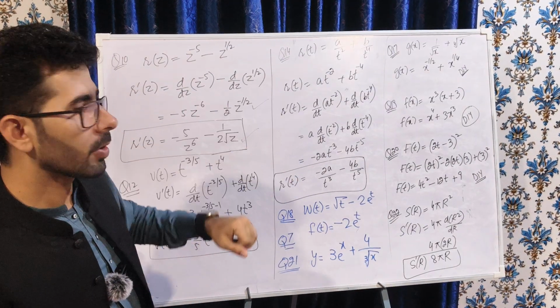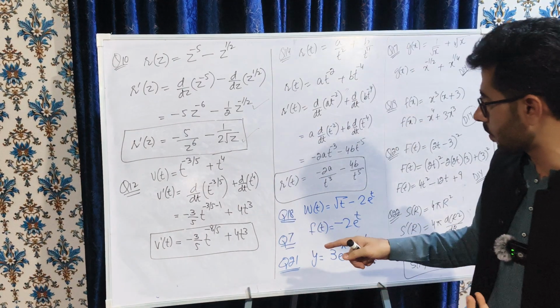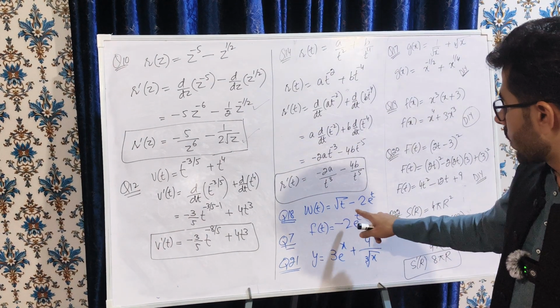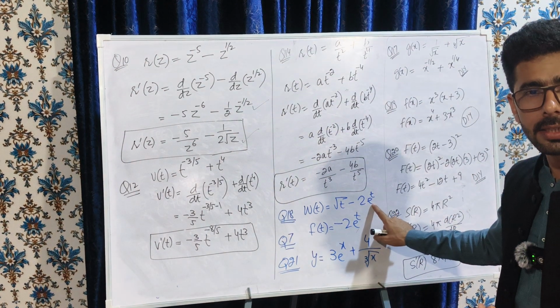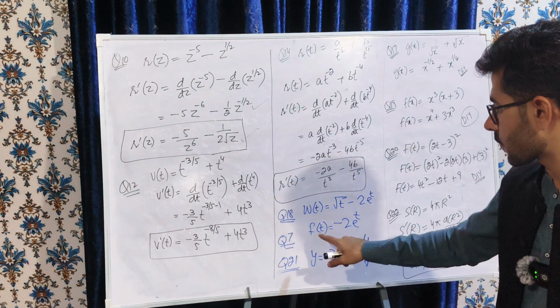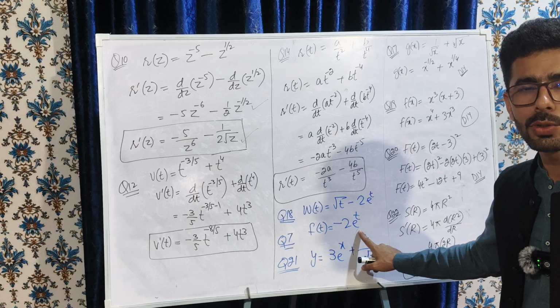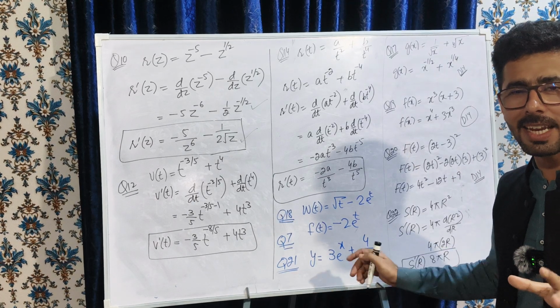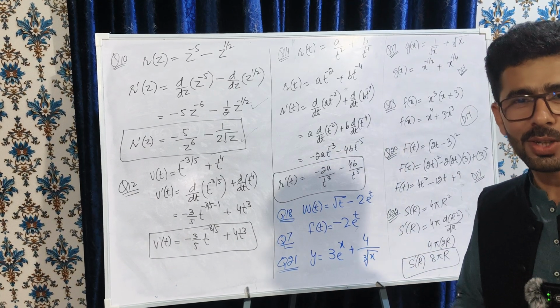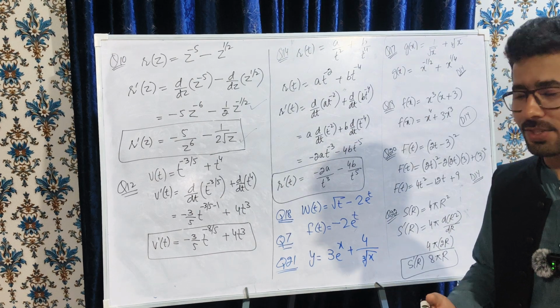Now, after question number 14, 15 and 16 are similar, but there's a problem with question number 18, which has e power t in it. There was a similar kind of problem with question number 7. It had minus 2 e power t. So I saw e power t and I just chose to ignore that part, and I did all the other parts and did not touch this one.